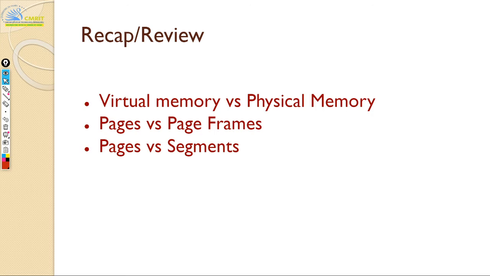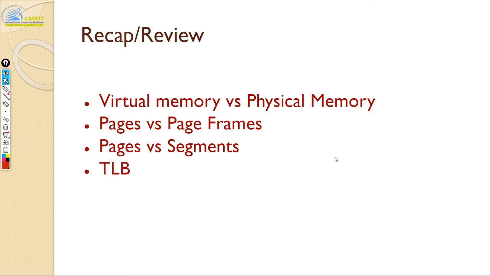So you divide the entire virtual memory into these logical segments, and they may not be of the same size. They are of different sizes. The analogy is again your textbook: the pages are the pages, and the different chapters are your different segments.